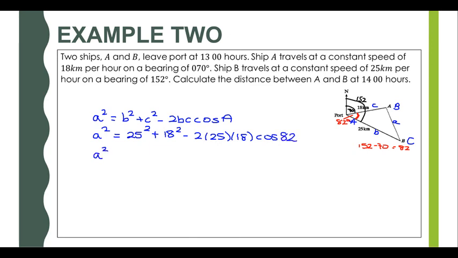Using a calculator, this gives us a squared is equal to 823.7442091. So a is the square root of 823.7442091, which gives us a is equal to 28.7 to 3 sig fig.